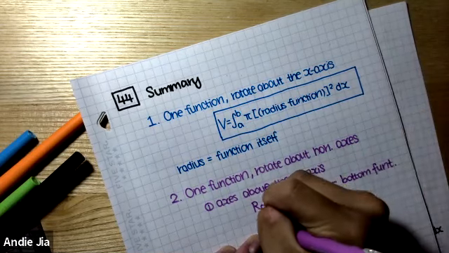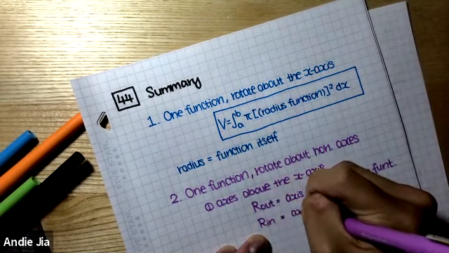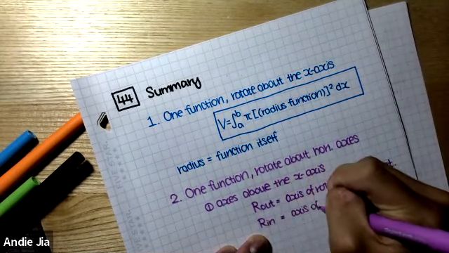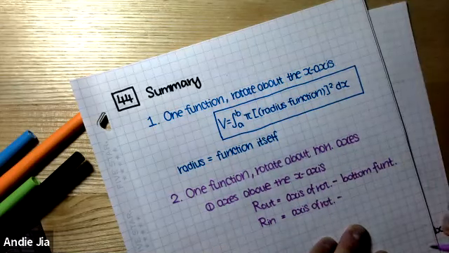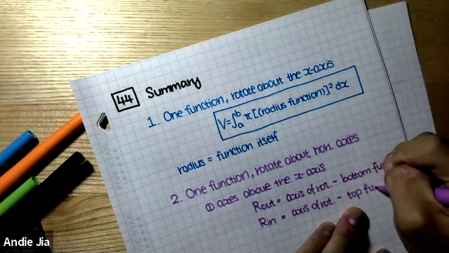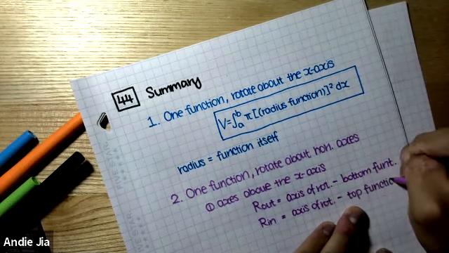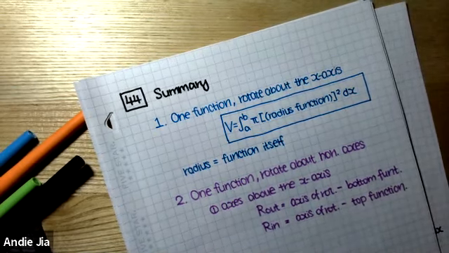The inner radius is the axis of rotation minus the top function.